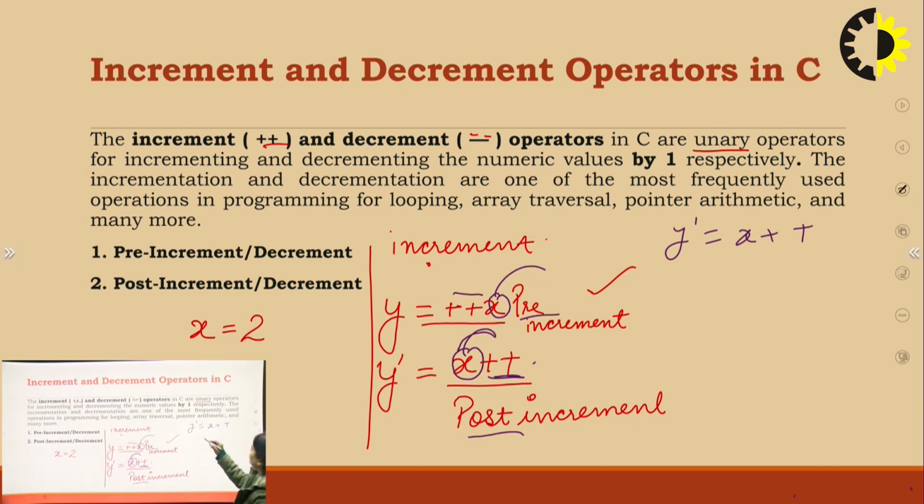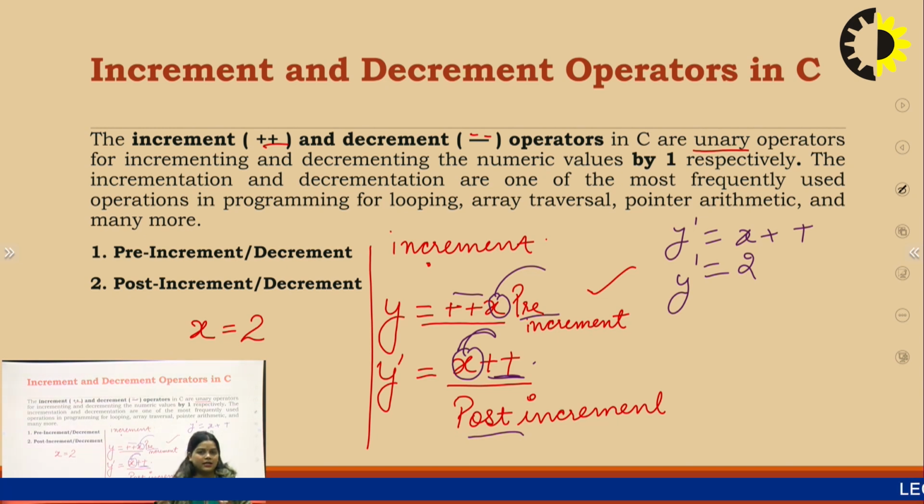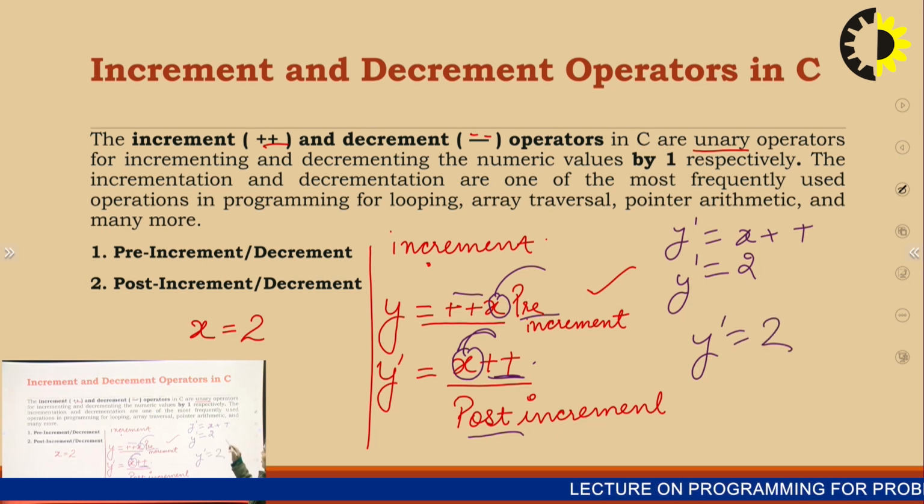So here the value of x is 2, so y dash will get the value 2. Later on, if you have this expression in your programming or any further calculation, the value of y dash will be calculated as 2, but for x the value will later become 3.